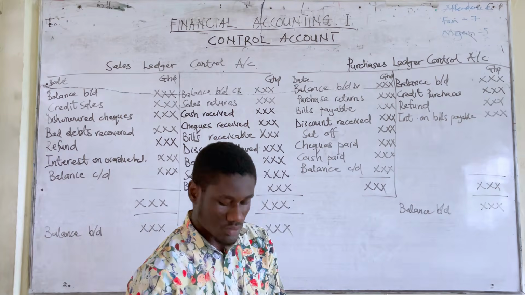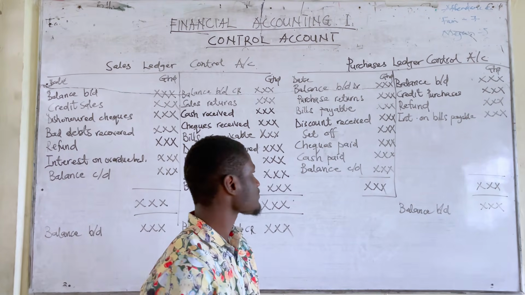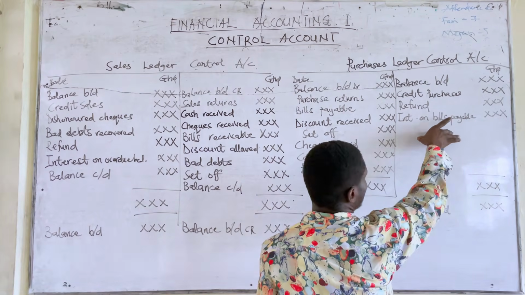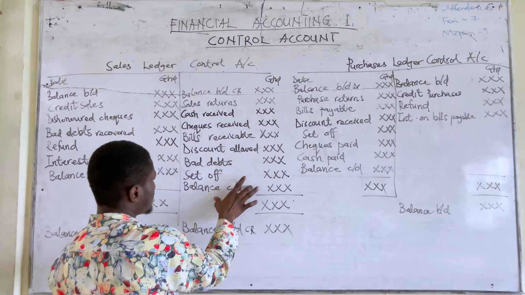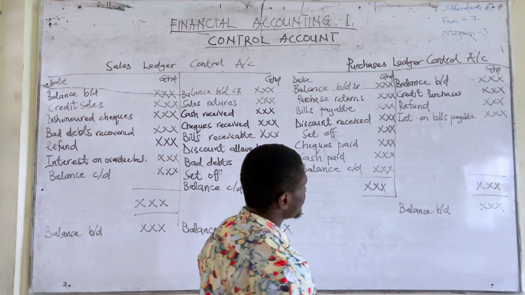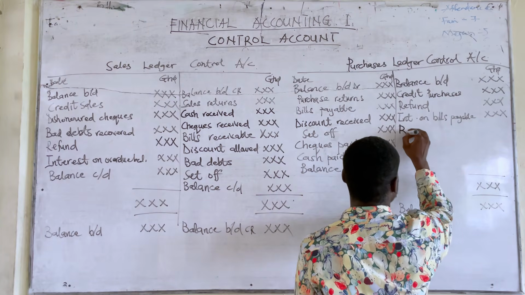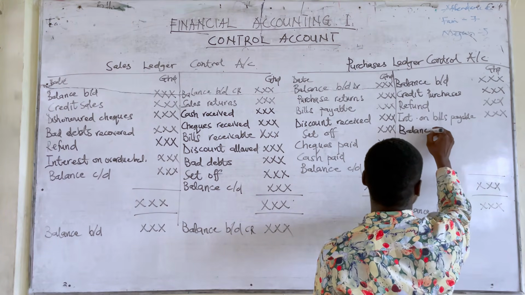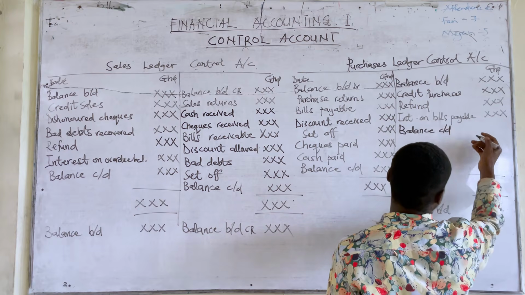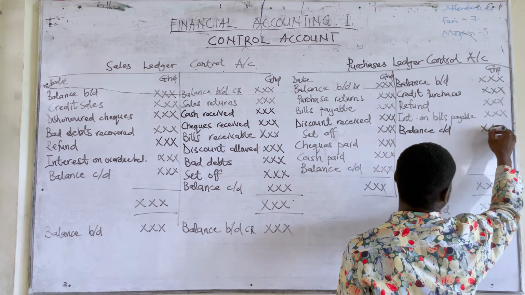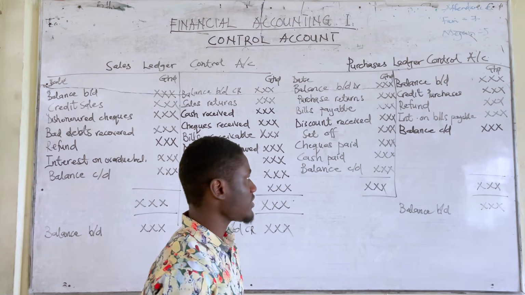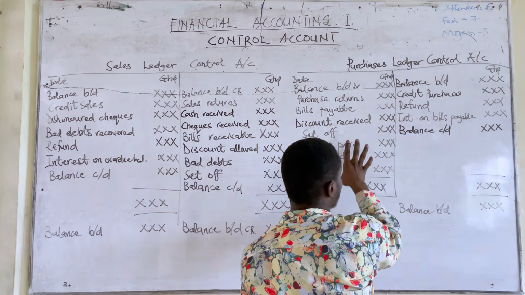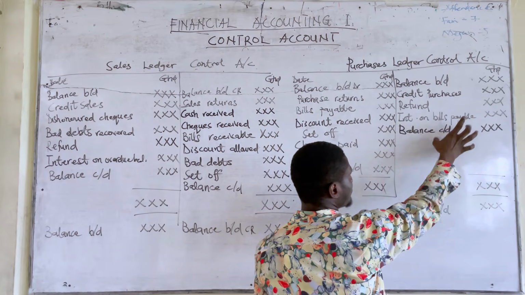Sometimes you can get your balance c/d here, as I said for this one. So our balance c/d can also be here. It depends on the side that is greater. That will show where you have to record the difference. So if here is greater than this side, you have to record the difference here.